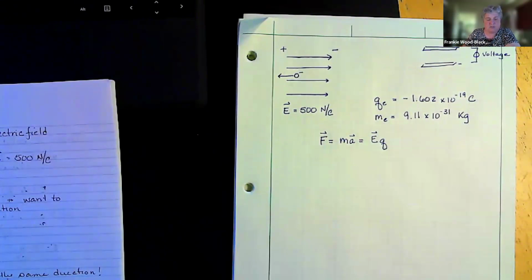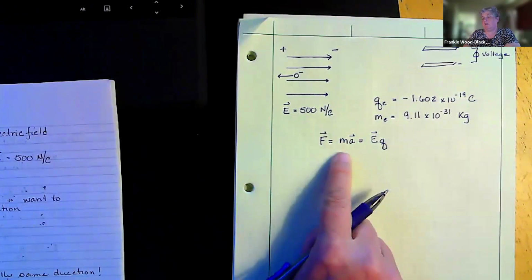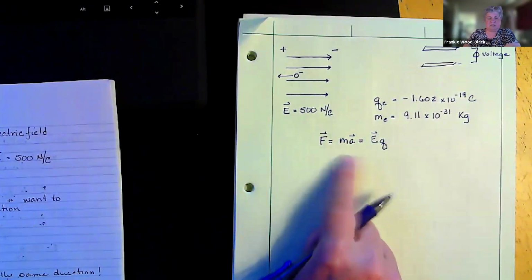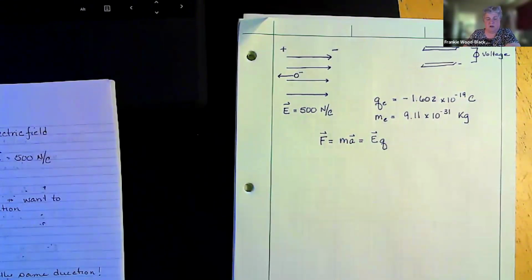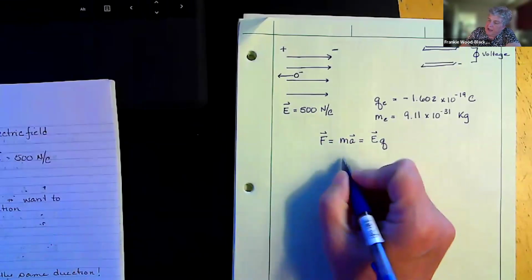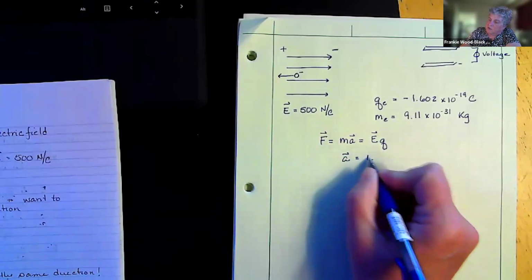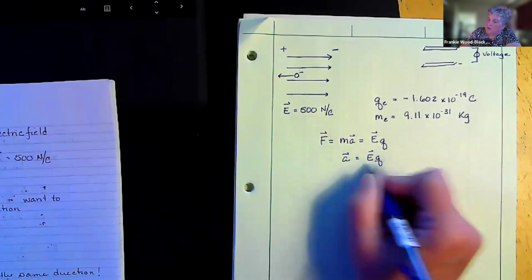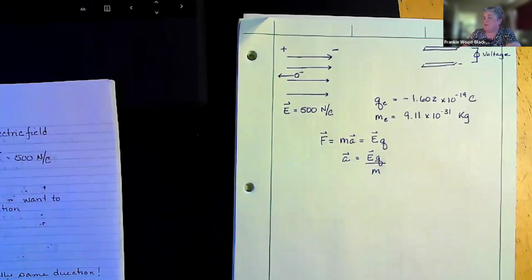So we can actually calculate our acceleration. So we're going to get our acceleration is equal to EQ divided by our mass.